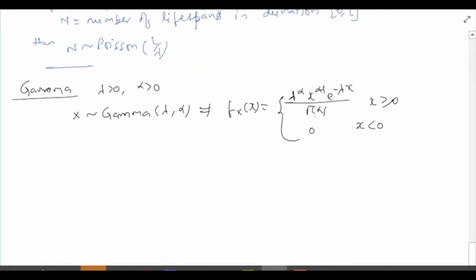Here gamma alpha is a normalizing constant, and it is given by the expression integral from 0 to infinity of e raised to minus x, x raised to alpha minus 1 dx, and in fact this is called gamma function.